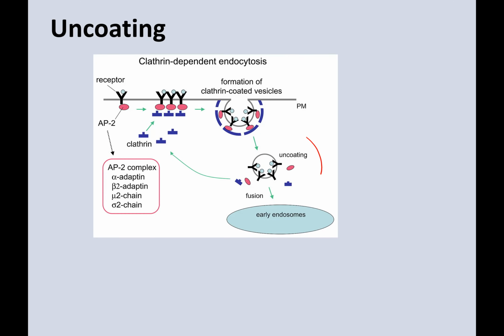As I mentioned, you have to have uncoating. And uncoating is not only important for the recycling of clathrin and the adapters, you can also recycle the receptors. But uncoating is essential for membrane fusion.